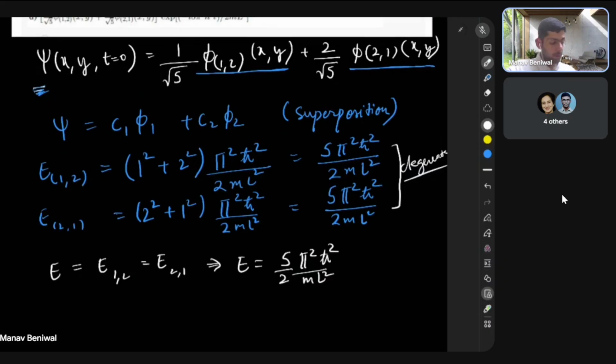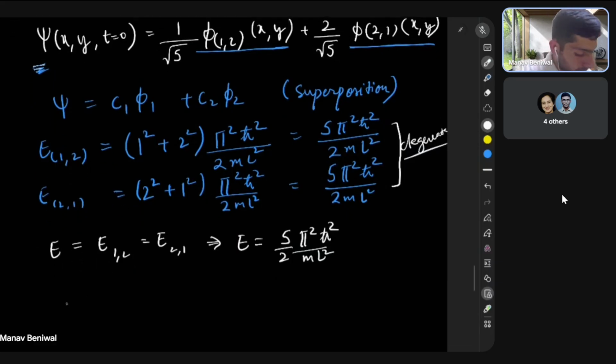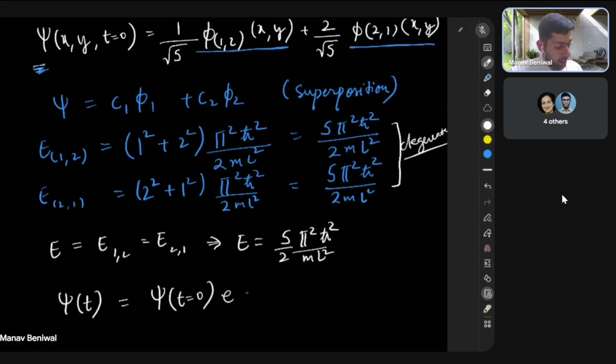And now we know that psi at any time t is just psi at time t equals 0 multiplied by the factor e to the power minus iota E t by h cut.